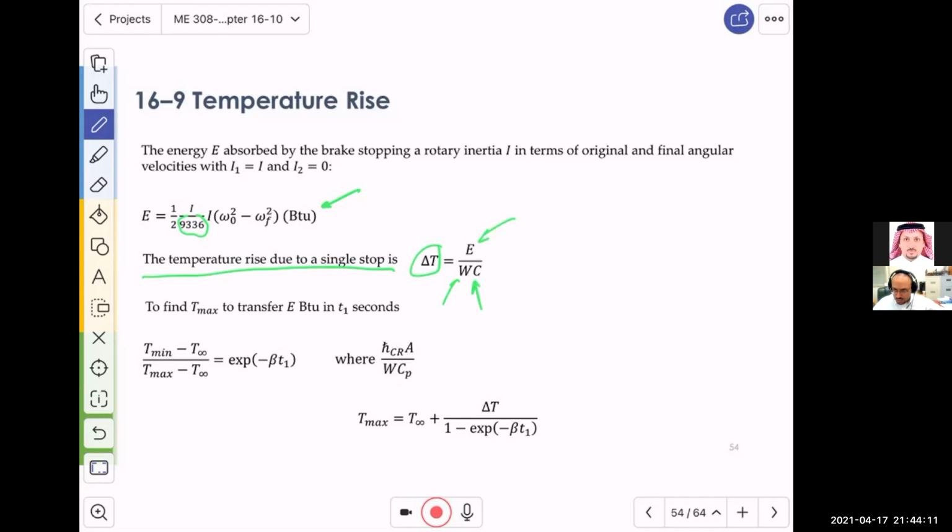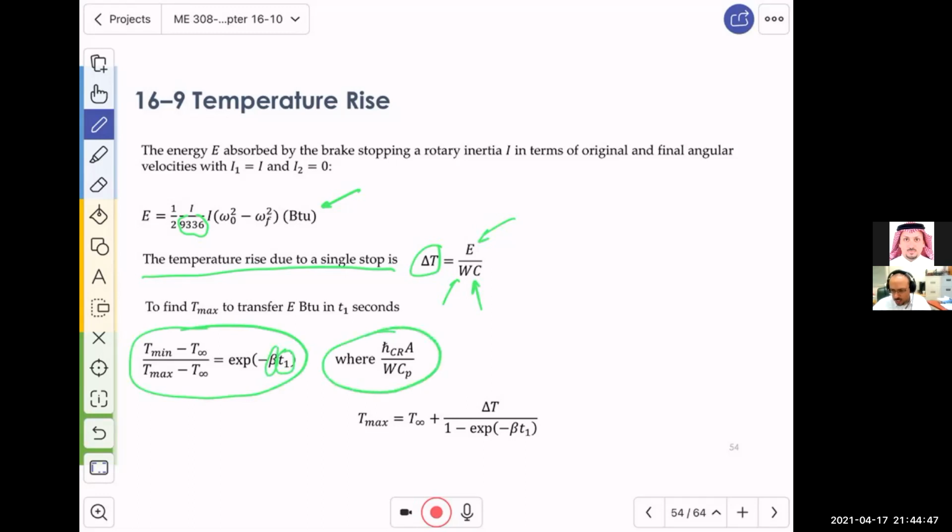Yeah. Now, to find the maximum temperature, or to transfer this E BTU in T1 seconds, the expression becomes like this. We have T minimum minus T infinity divided by T maximum minus T infinity, which is equal to exponent of minus beta T1. T1 is the time for the stop, for the first stop. Where beta is this factor.